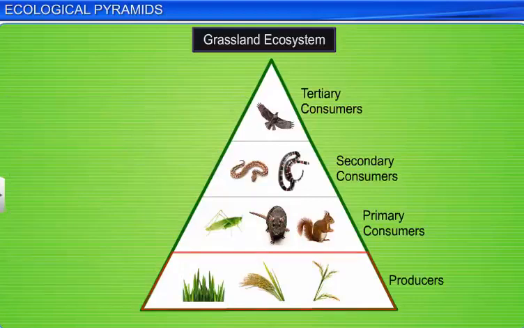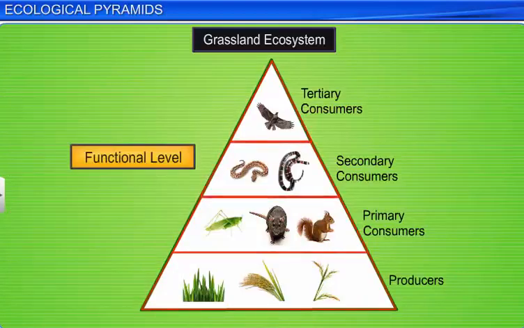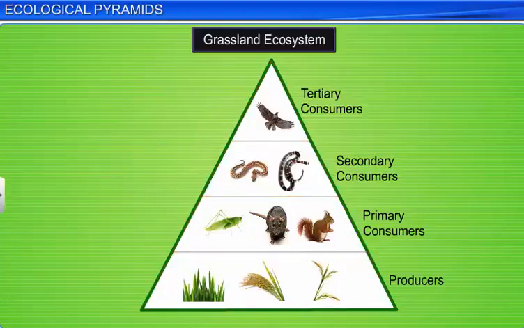Each of these trophic levels represents a functional level and not a single species as such. Also, all the organisms at a particular trophic level must be considered for any calculation on number, biomass, or energy.